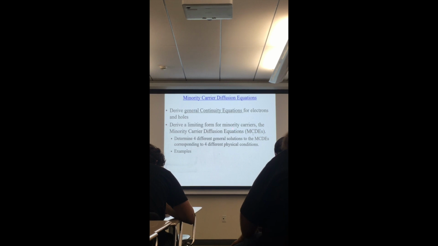And if we consider minority carriers, we can simplify this continuity equation. Okay. And this simplified version is called the minority carrier diffusion equations. Okay. And then we can use these minority carrier diffusion equations to solve 4 different physical conditions. Okay. And then I'll also show you some examples.